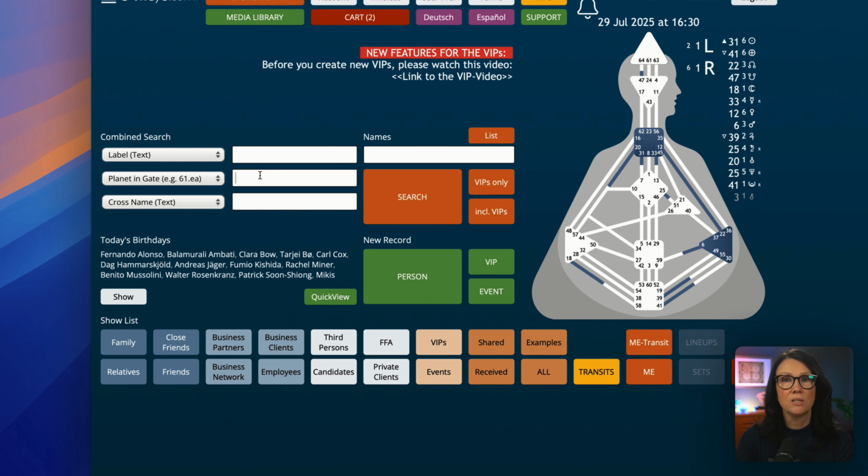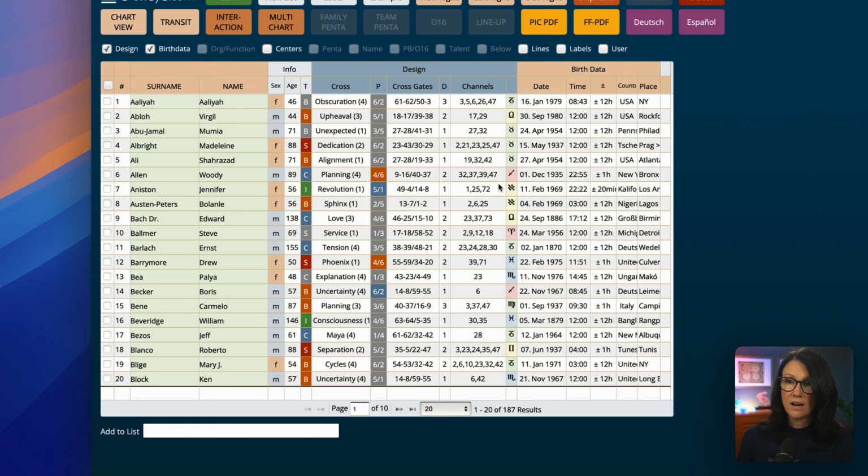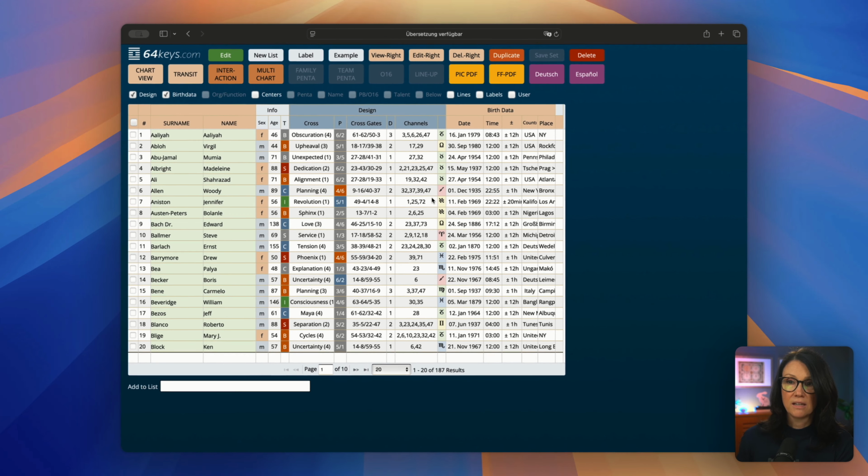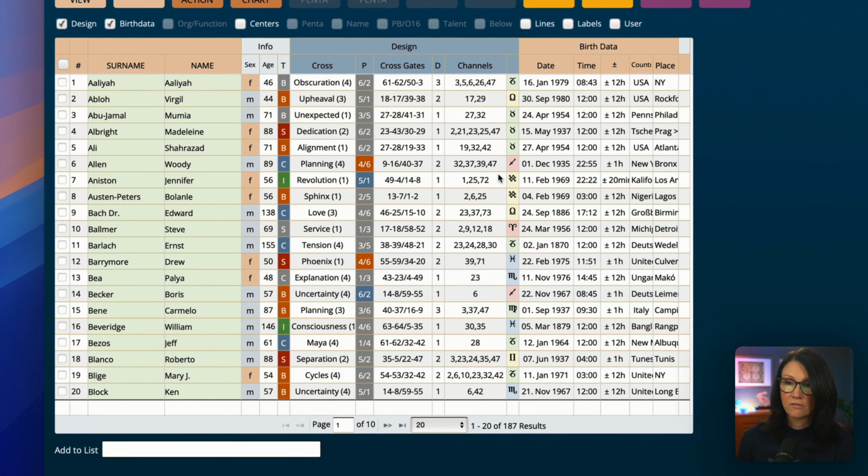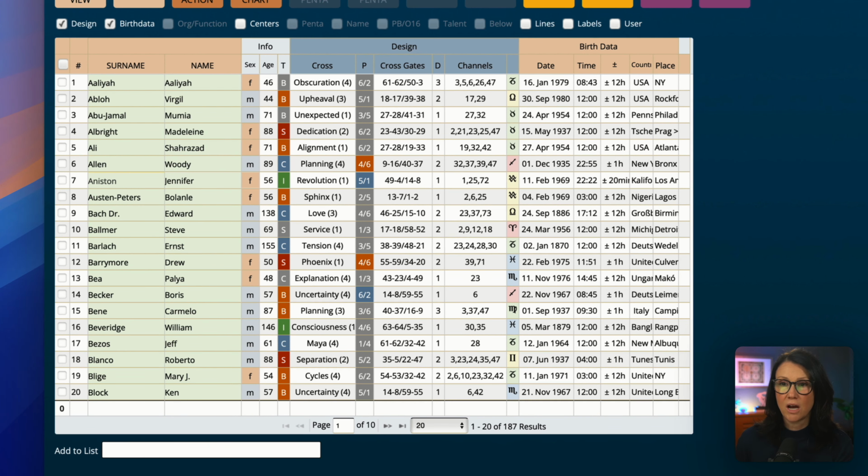So I want to see celebrities who have their Mars in gate 43. So I'm entering 43 and MA is the abbreviation for Mars. I'm looking for the VIPs and here I'm getting a list of all the VIPs who have their Mars in gate 43.